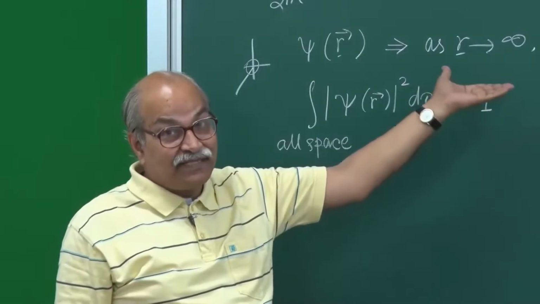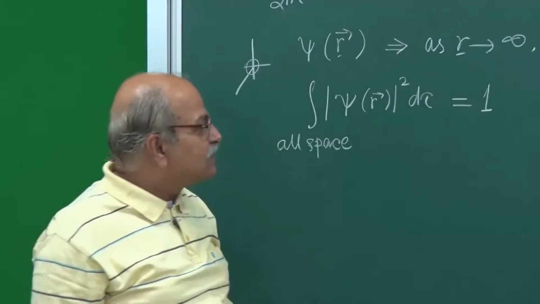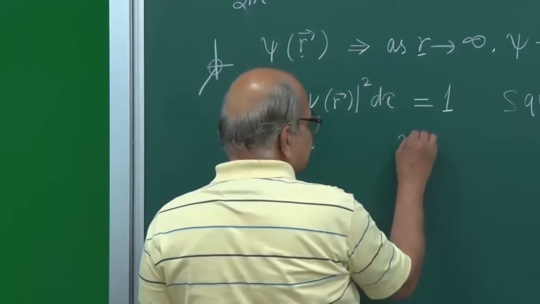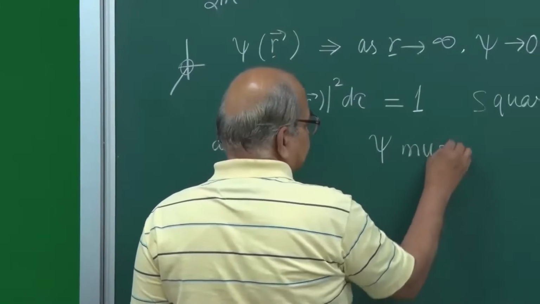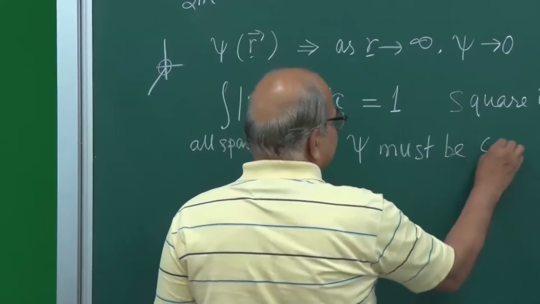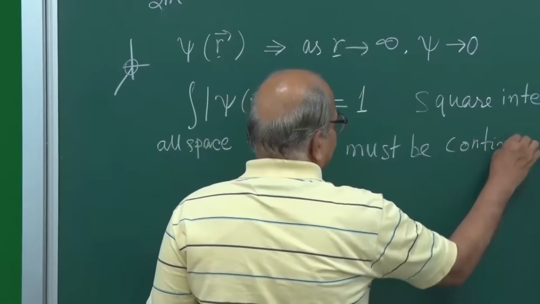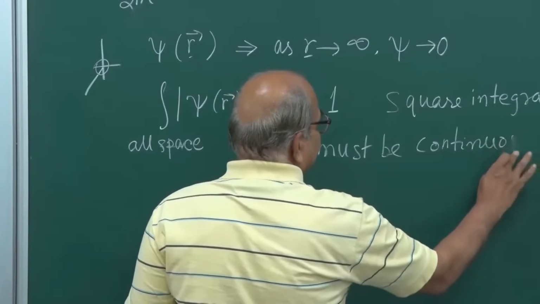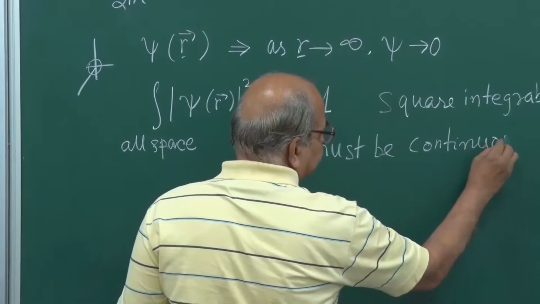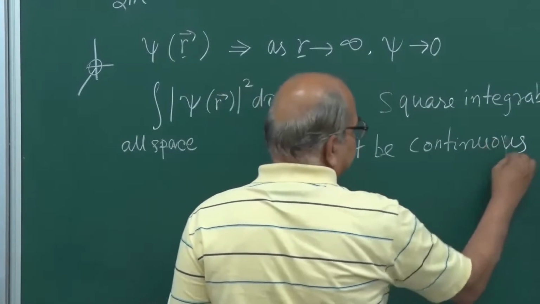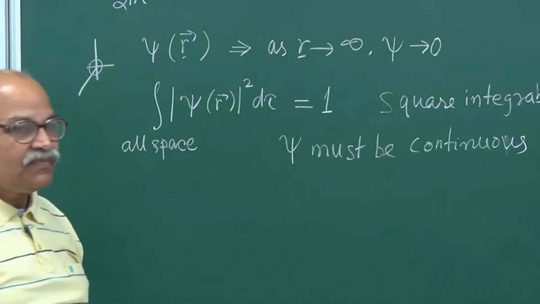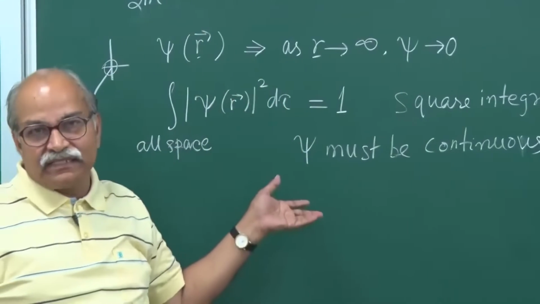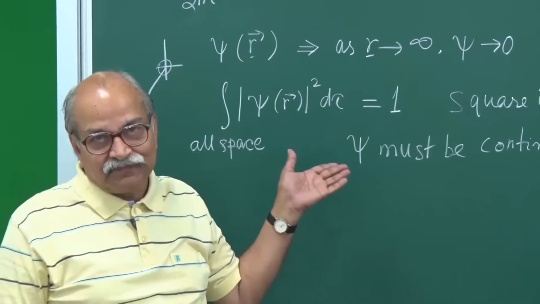It should not be infinity. So these are some of the things. Of course, psi must be continuous. So these are some of the conditions that this wave function must follow.